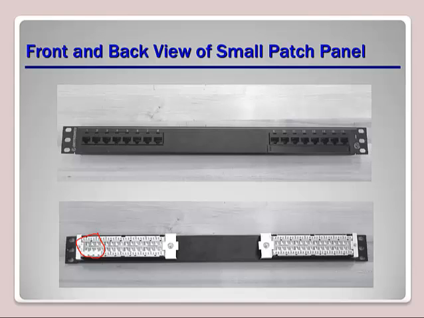You can't really see it right here, but it's orange, white, green, stuff like that. All those colors are there to show you where to punch them down. So you punch them down in there, and then on the front side, you use a patch cable to connect to maybe a switch or something like that.